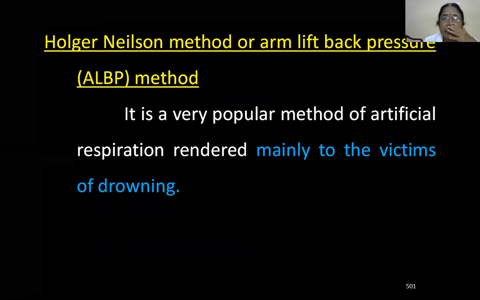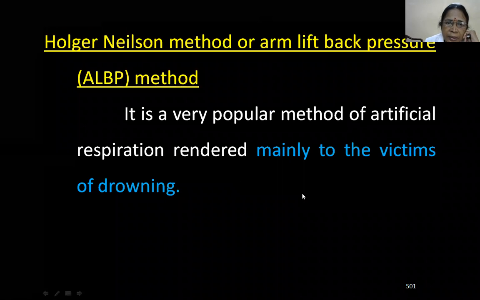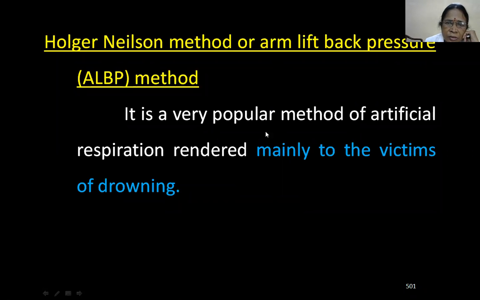You have to mention what artificial respiration is, in which conditions it is used, and name the methods. Dealing with these methods one by one, the Holger-Nelson method is a very popular method, mainly used for the victims of drowning. Suppose somebody is drowning. So many drowning cases we are seeing nowadays, children going for swimming and getting drowned accidentally.